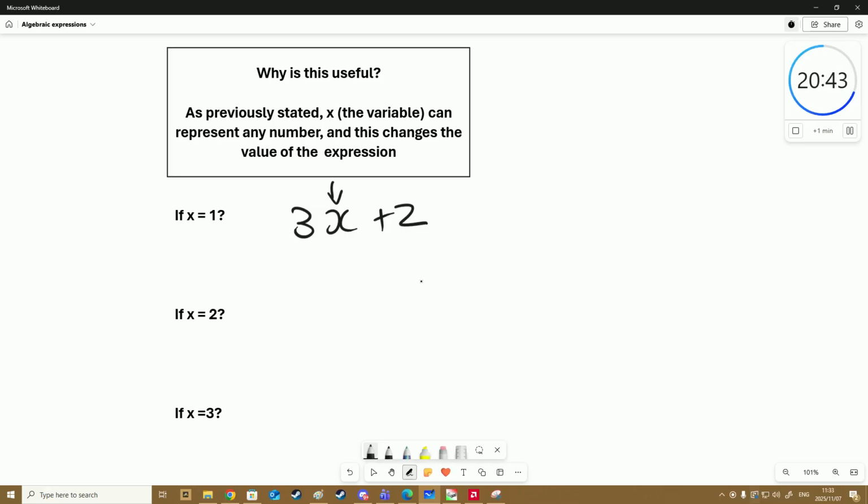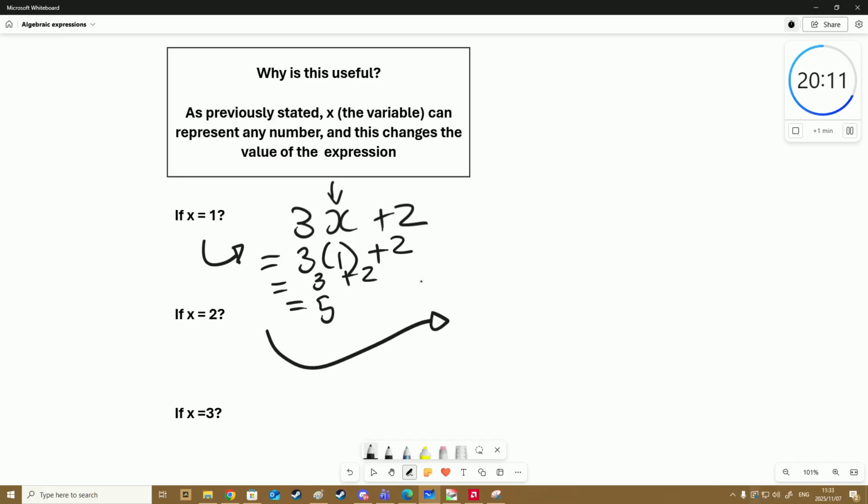So now if we know the value of the unknown variable x, we can calculate the algebraic expression's value. Substituting a 1 where the x was standing, 3 times 1 is 3, plus 2 gives us 5. So when x is equal to 1, the expression is equal to 5.